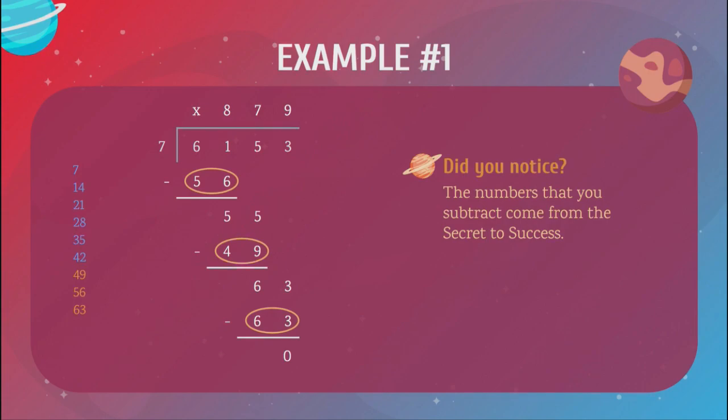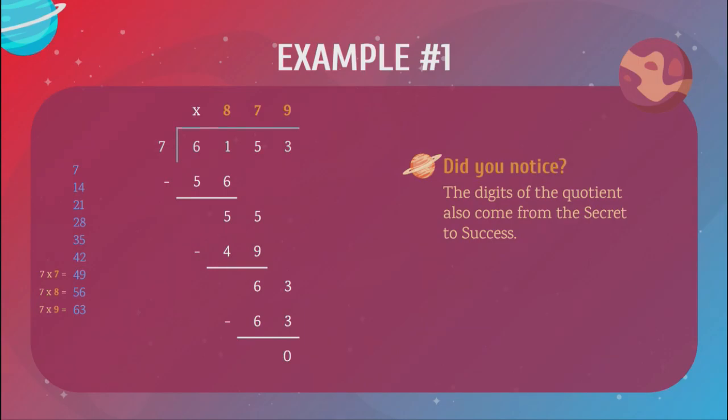But did you notice something? Every number that we subtracted came from the secret to success. If you are subtracting any other number, something's off. It must come from the secret to success. Did you also notice that the digits of our quotient came from secret to success?